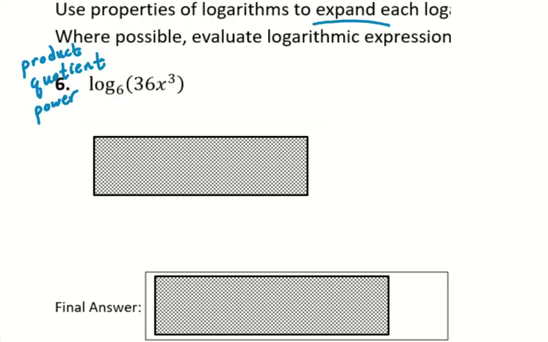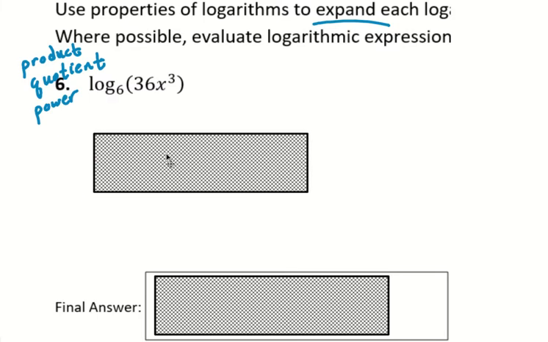So that's what I mean when I say when we're expanding, we're applying the properties from left to right instead of right to left. Anyway, here we go. As I already spoiled a little bit, this is a single log of a product, and so we're going to apply the product rule first, okay?